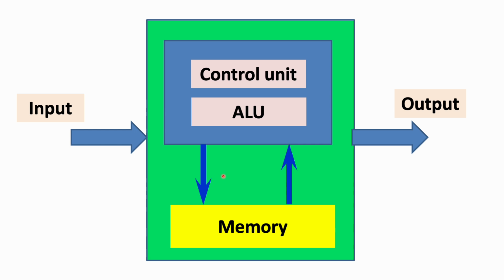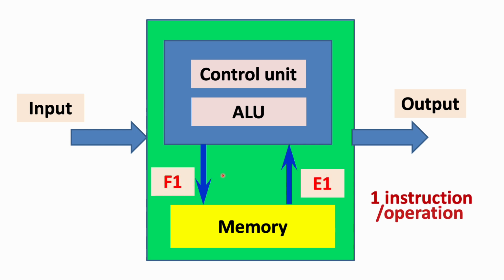So as we understood previously, F1 and E1 are both executed sequentially. First F1 will be fetched, later it will be executed. Similarly, if the user gives the second instruction, what happens now? F2 is fetched, the second instruction is fetched, and later it is executed. There are individual timing signals for fetching and executing.